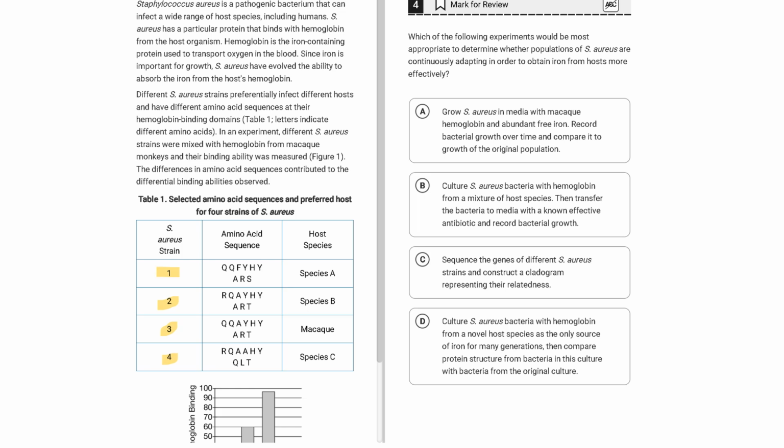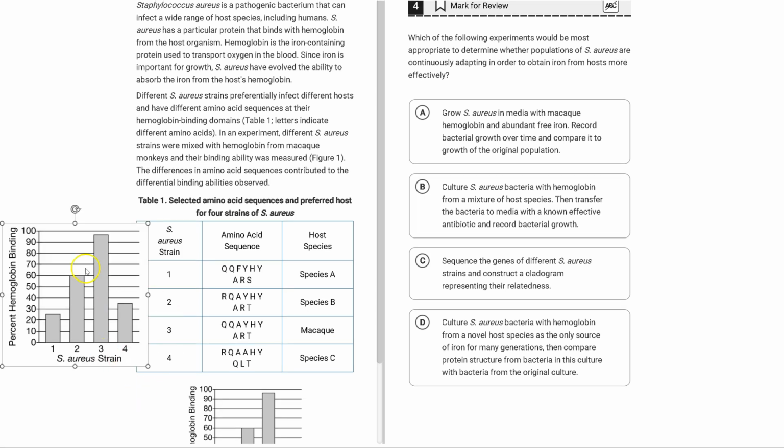And then species A, species B, macaque, and species C. Oh man, I didn't get the rest of the hemoglobin binding thing. Hold on. Alright, sorry about that. I had to go find this graph here, which is super important. So you can see right here the data represent hemoglobin binding. Alright, strain 1, 2, 3, 4.